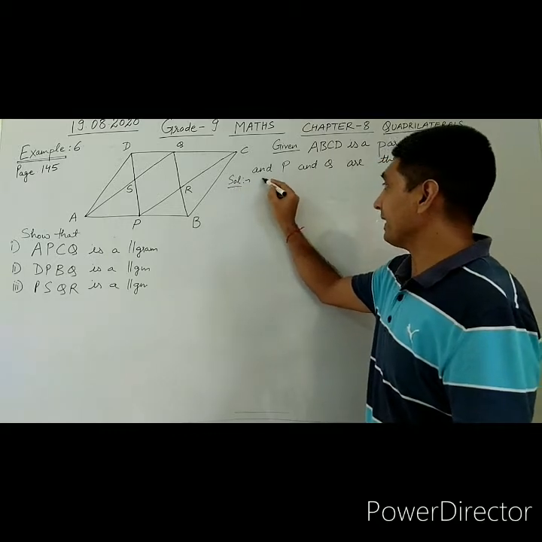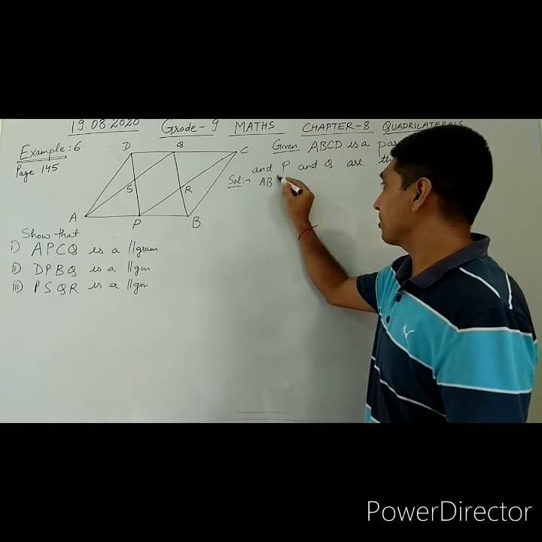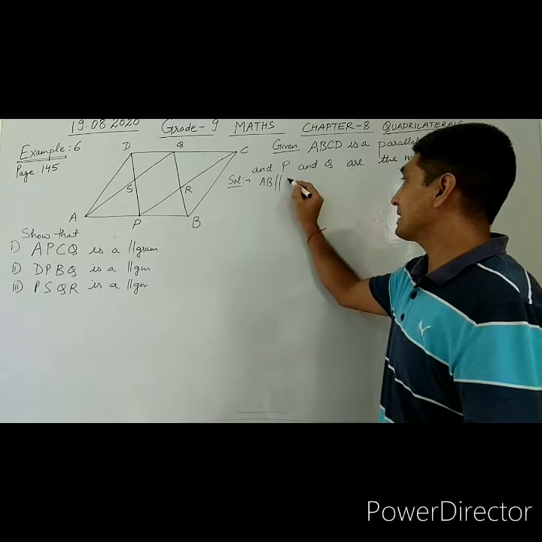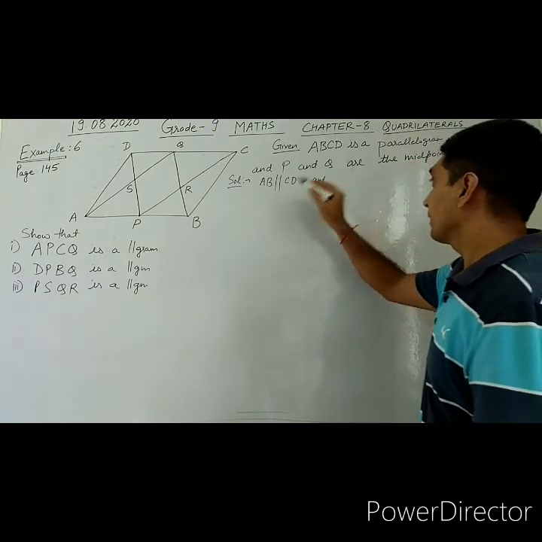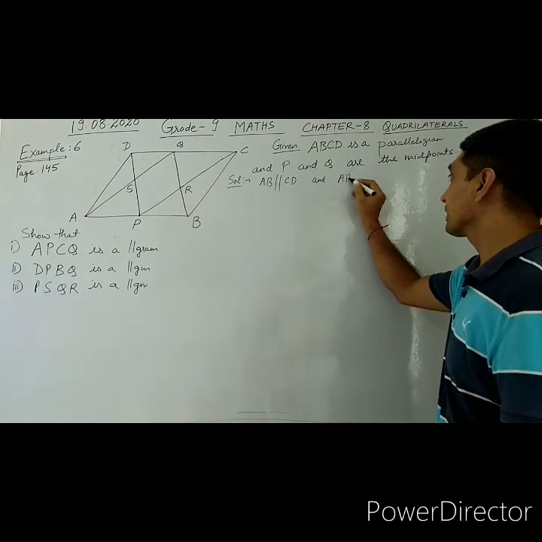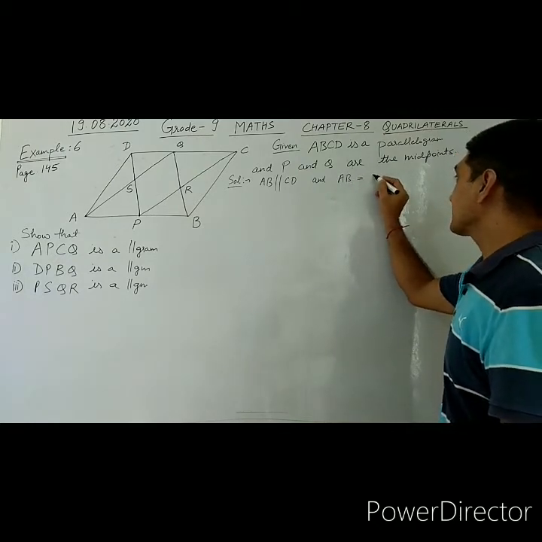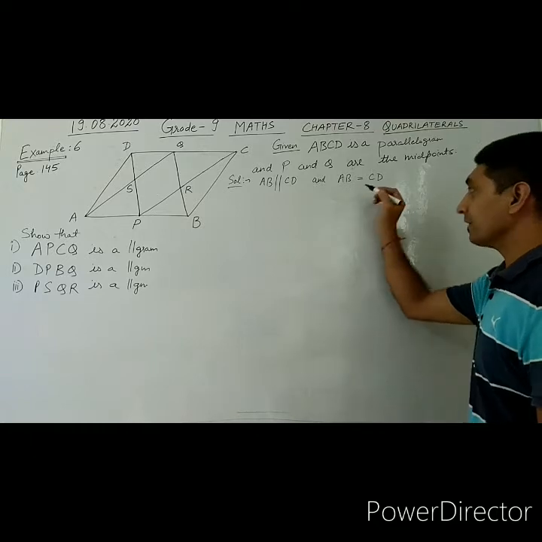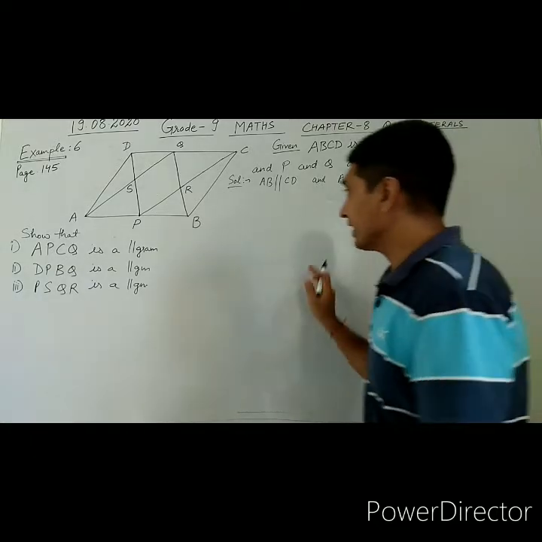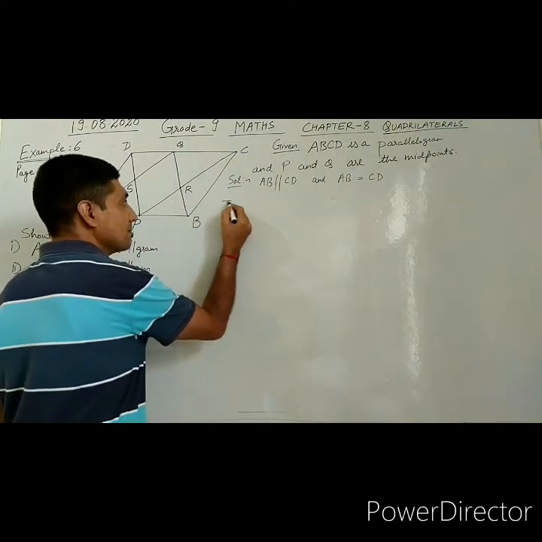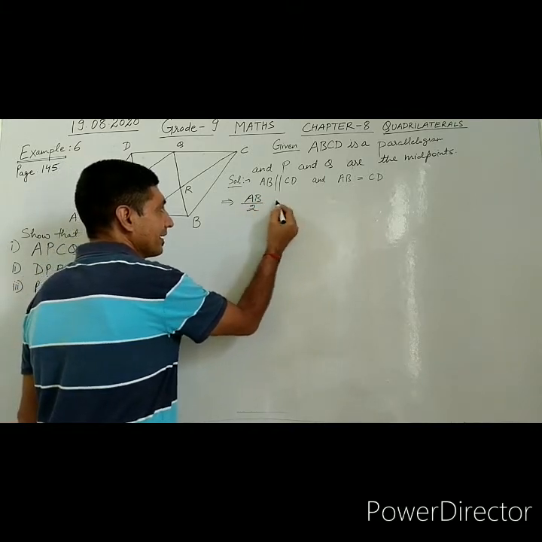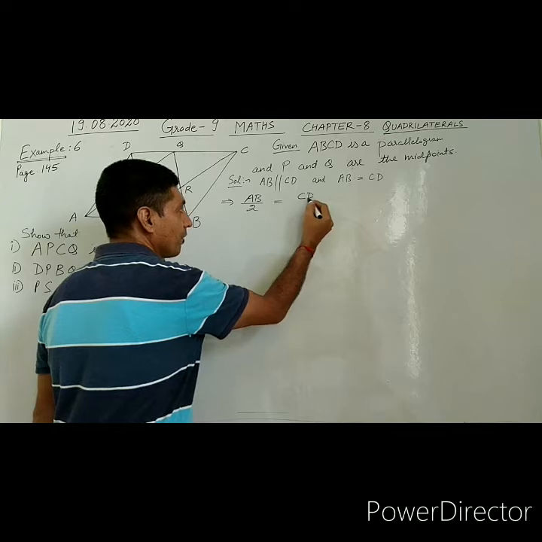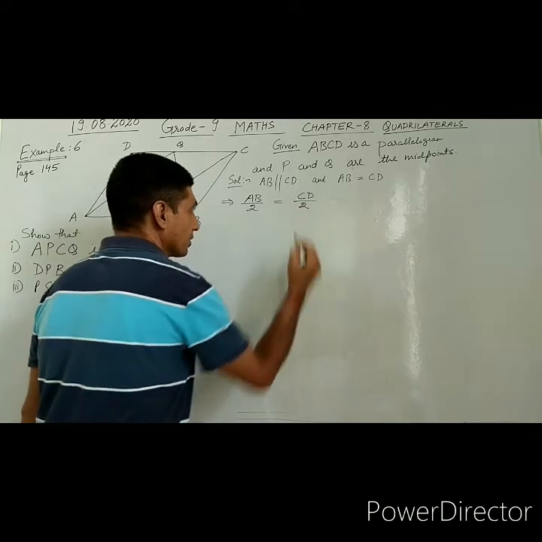We know that AB is parallel to CD and AB is equal to CD. Now if AB is equal to CD, we can write that this implies that half of AB is equal to half of CD, right?